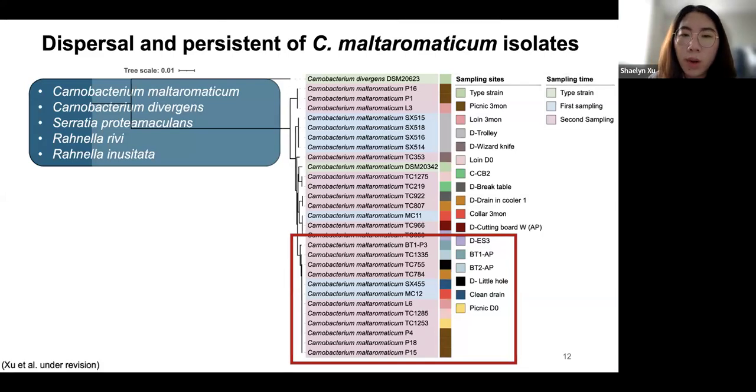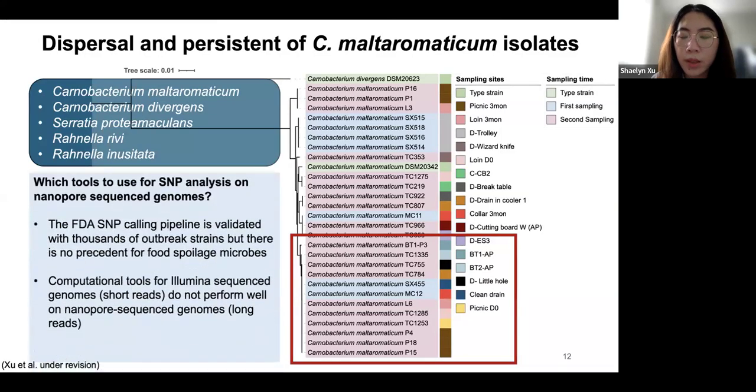So to further know whether those isolates are the same strains, we ran the SNP analysis. On a side note, the current FDA SNP calling pipeline is mainly used for food pathogens as well as for the short reads generated by Illumina.